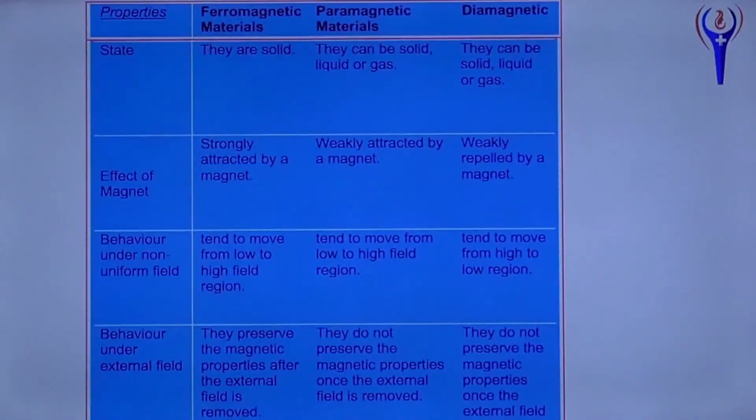Ferromagnetic materials are in solid state. All the ferromagnetic materials are solid state materials only. What is the example for ferromagnetic material? That we'll discuss. And paramagnetic materials may be solid, liquid, or even gas. Diamagnetic material can be solid, liquid, or gas only.